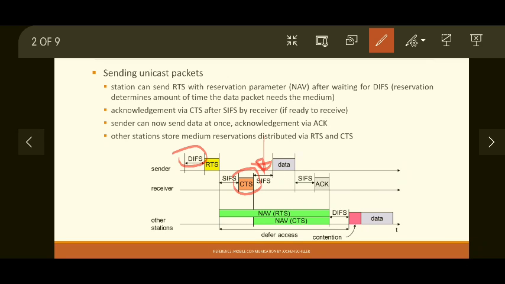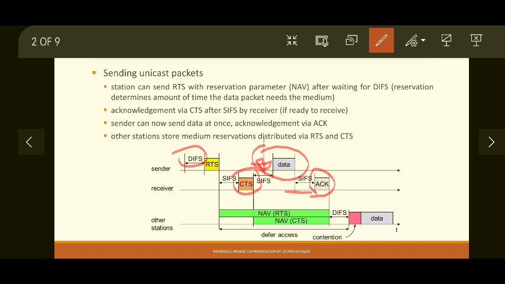So after receiving a control packet, only SIFS amount of time wait is required. So after waiting for SIFS, it sends the data and expects an acknowledgement from the receiver. Now receiver acknowledges via acknowledgement ACK packet after waiting for SIFS amount of time. Again it is a control packet, so only SIFS amount of time is sufficient, and that marks the end of the communication.